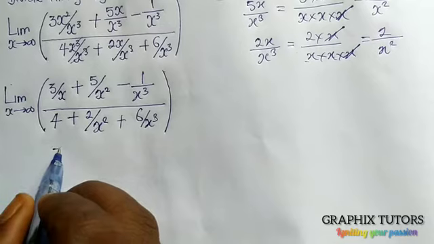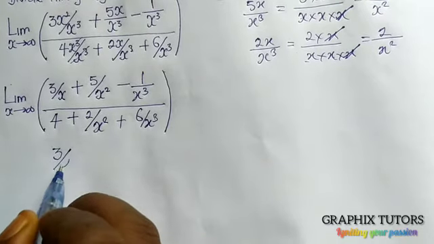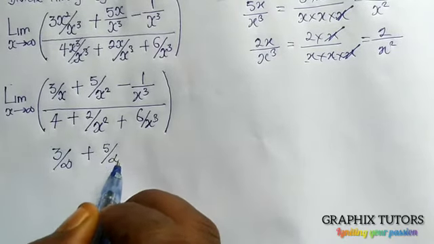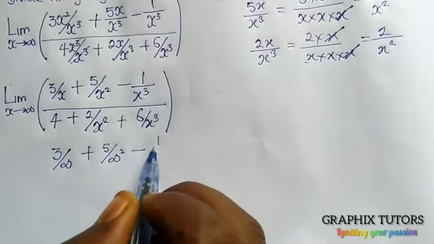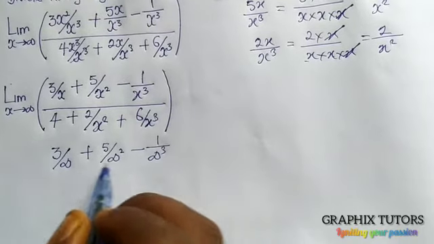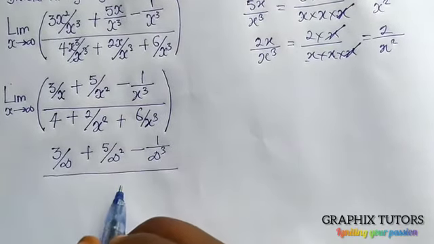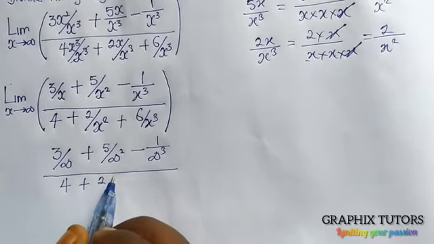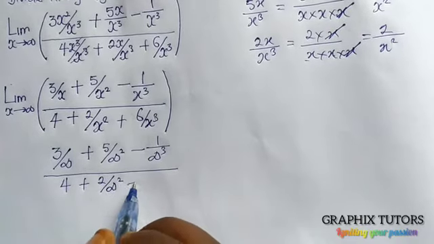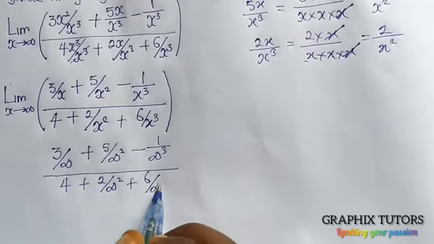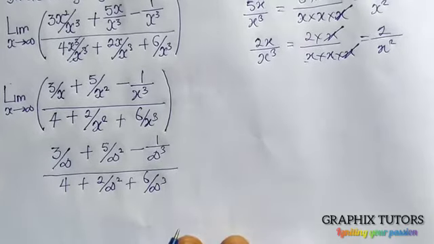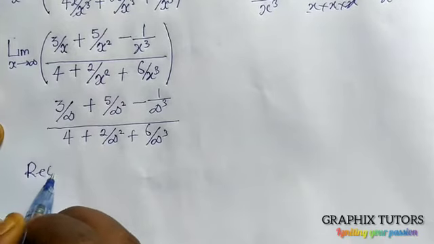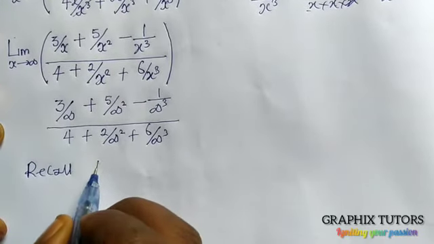So we have 3 all over infinity, plus 5 all over infinity squared, minus 1 all over infinity cubed, all divided by 4 plus 2 over infinity squared plus 6 all over infinity cubed.